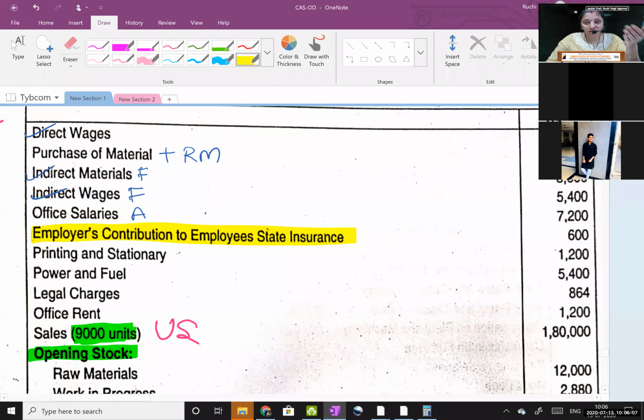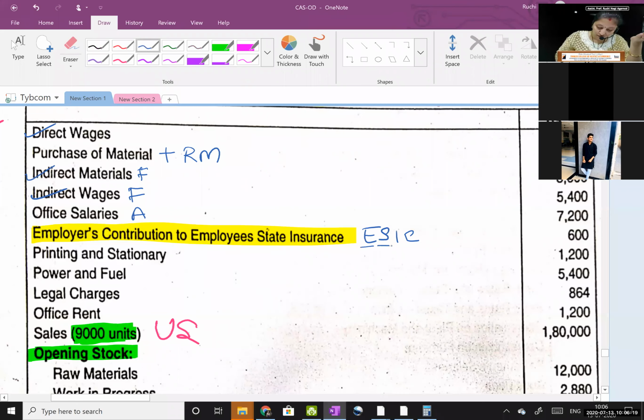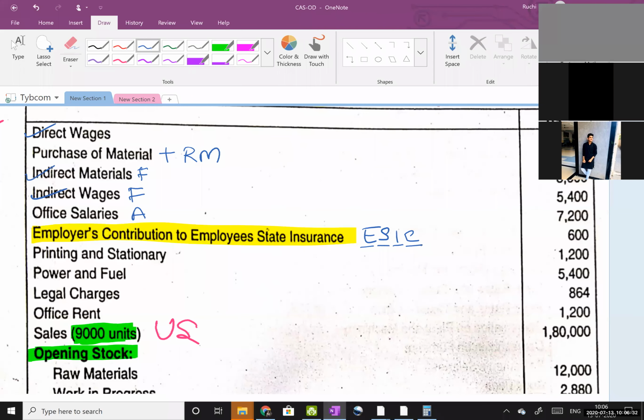Instead of provident fund, there is a terminology known as ESIC, employees' state insurance contribution. This is as per the Factories Act 1948. The employer is liable to pay it to his employee. Okay, so it is a factory cost.